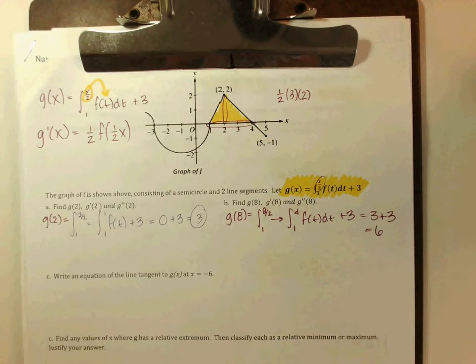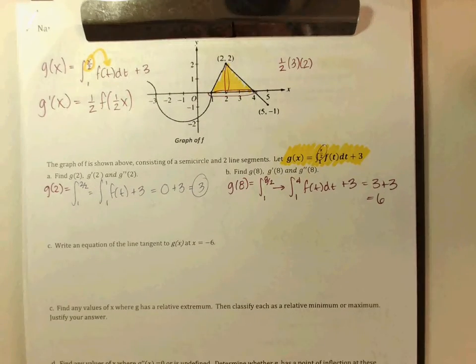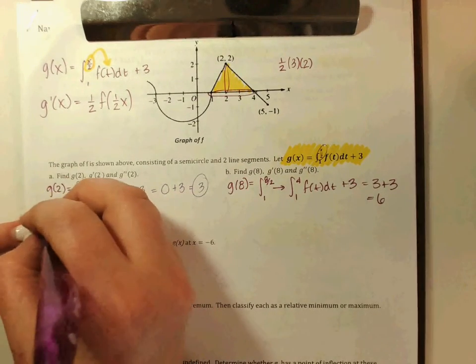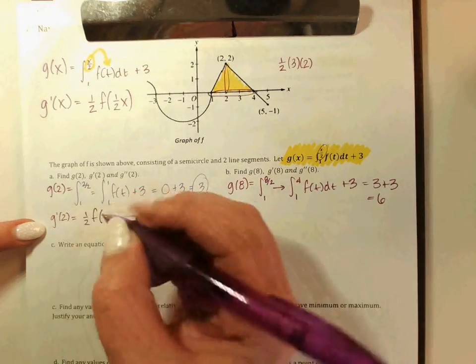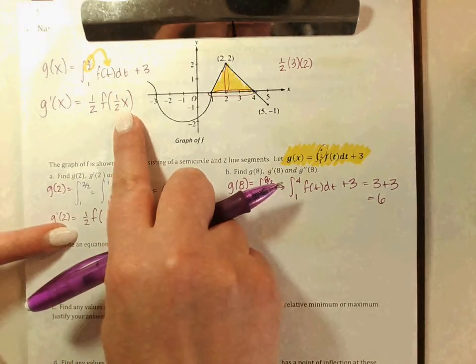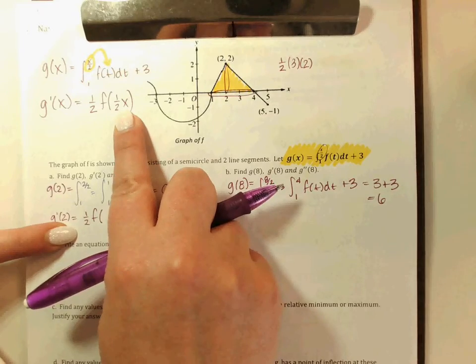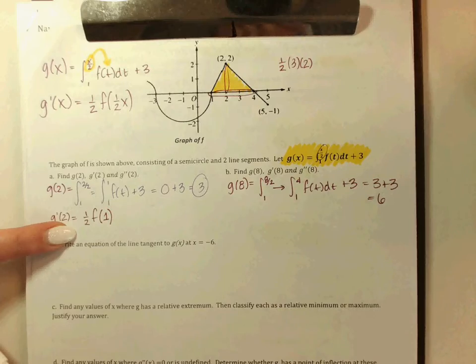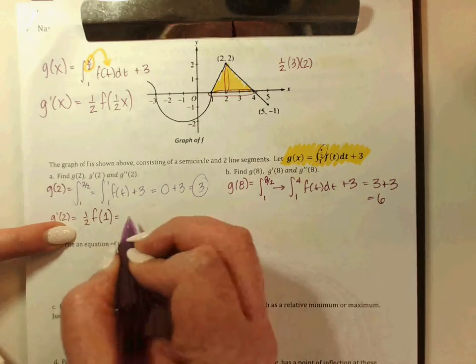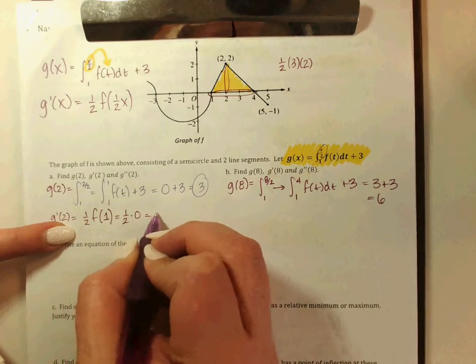Okay, so now we're going to find our g primes. So if I want g prime of 2, then I want a half of f at a half of 2. What's going to be in the middle? A 1. What's f of 1 in the graph? 0. And what's half times 0? 0.